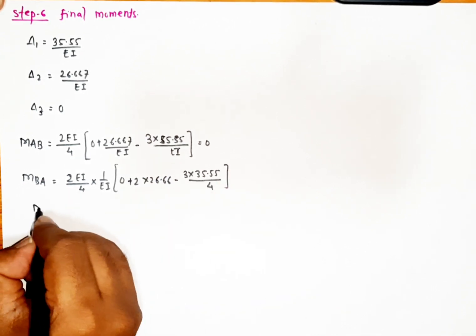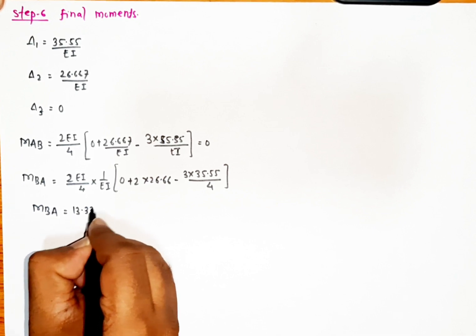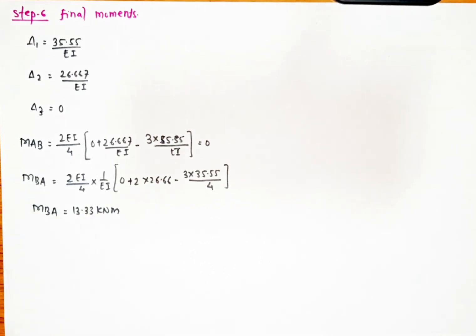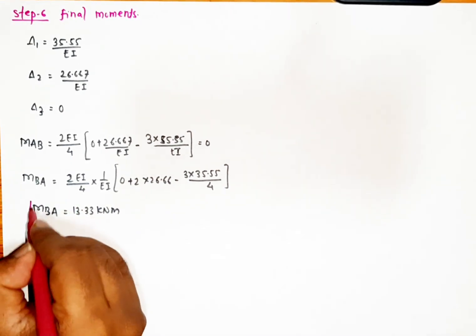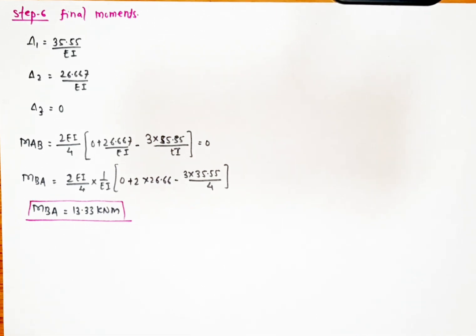So ultimately MBA is equal to 13.33 kilonewton meter. So this is all about MBA. We already know that MAB is 0.